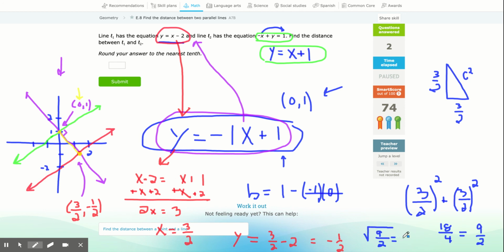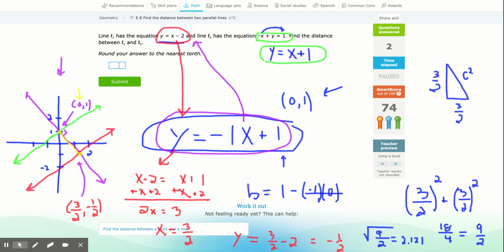Now I'm square rooting 9/2. I'm just going to use a calculator. That gives me 2.121. And it says in the problem, round your answer to the nearest tenth. So the distance between those two parallel lines is 2.1.